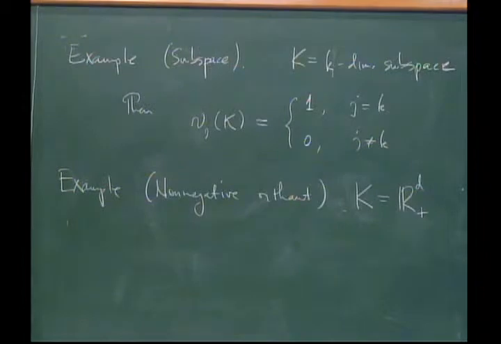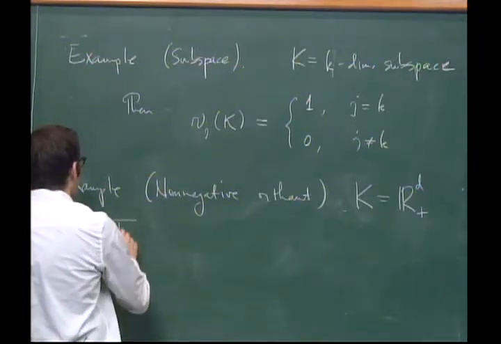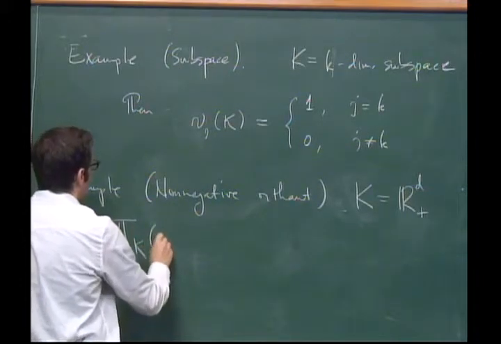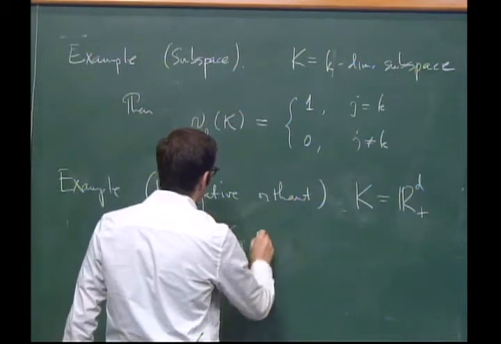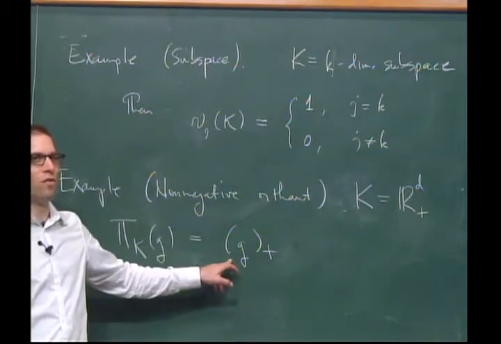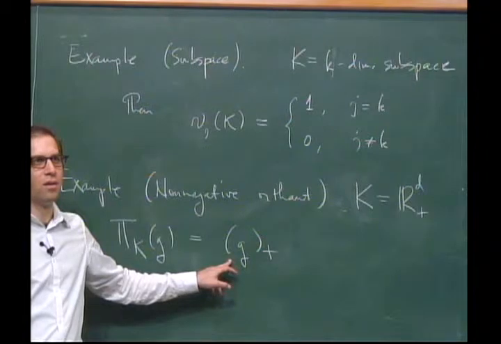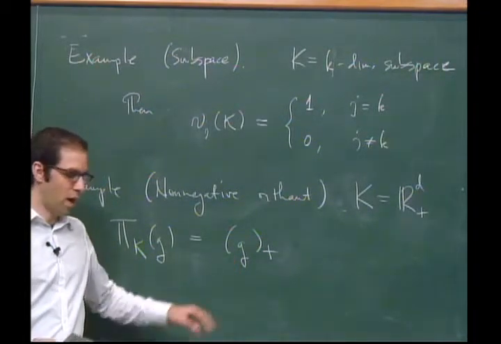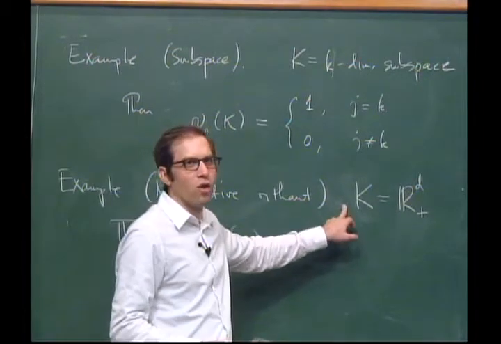Okay, so in this case, the projection onto this cone of a Gaussian vector is equal to the non-negative parts of the components of the vector G. Okay, so if a component's negative, we zero it out. If it's positive, we leave it alone. Okay, so what are the faces of this thing? What do they look like?